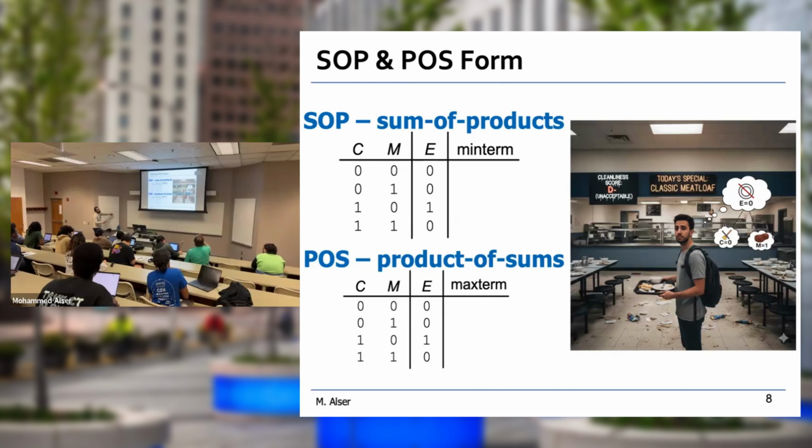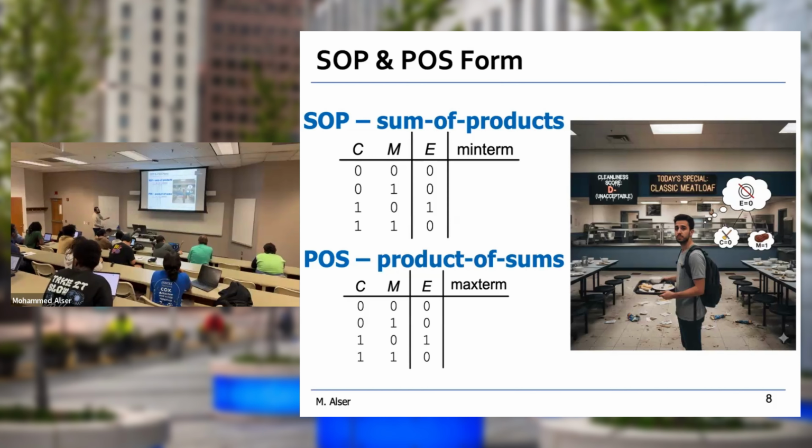The second one, C is equal 0, M equal 1, right? So 0 plus 1 is 1. Then we need to do something in order to have a result as 0. Should we add a bar here or here? On the M, right? Because the result should be 0.